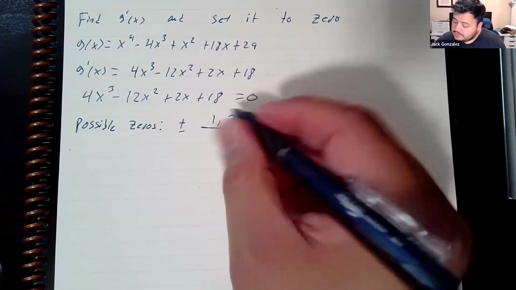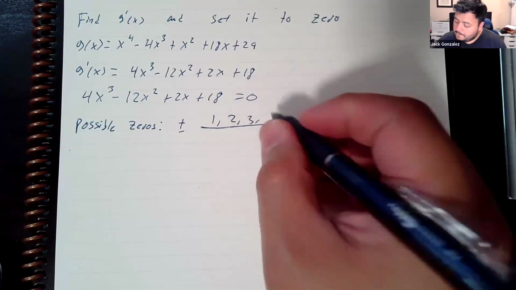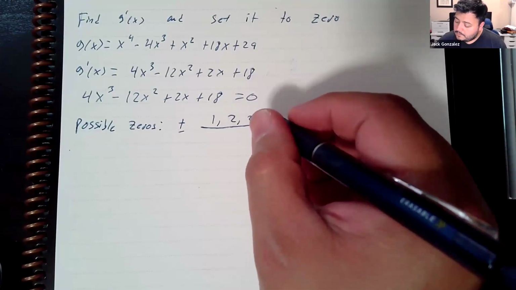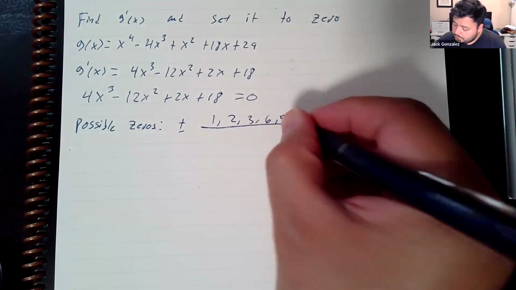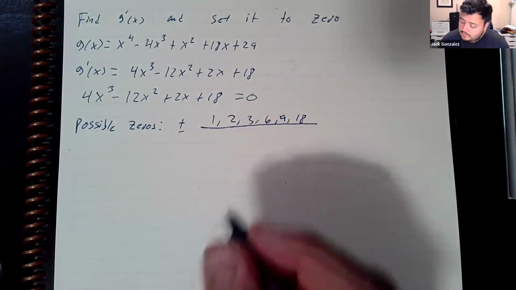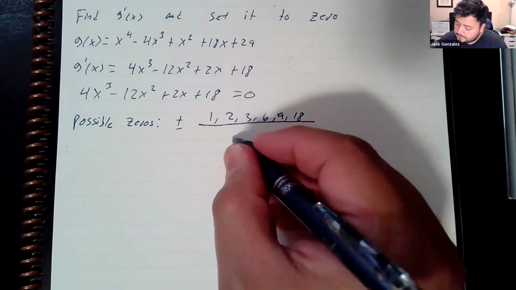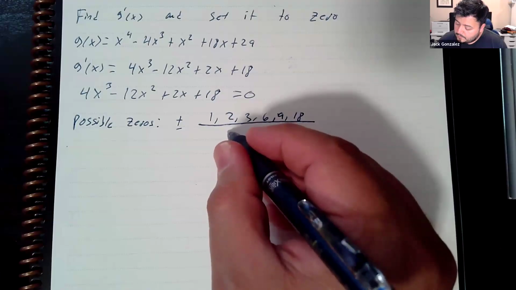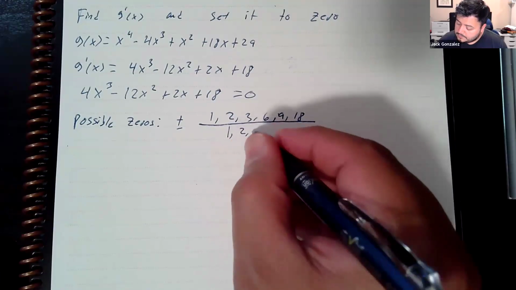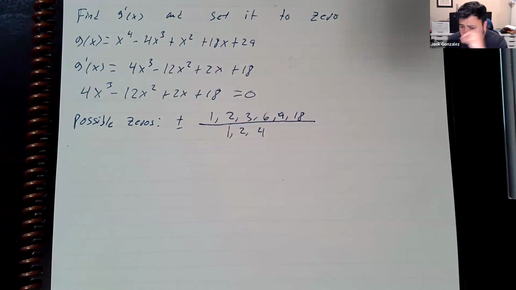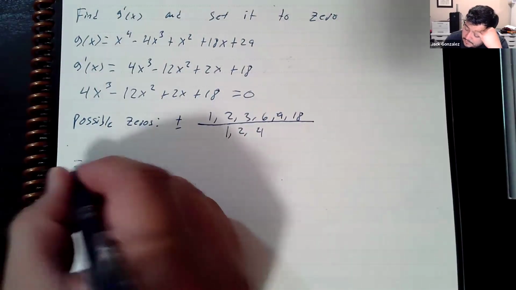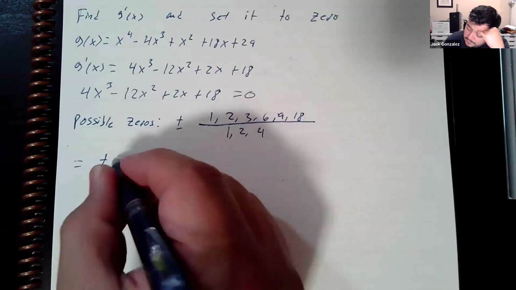I'm doing the factors of 18: 6, 9, 18. That's all of them. Factors of 4 will be plus or minus 1, 2, 4. So divide these interchangeably, and those would be all the possible zeros.